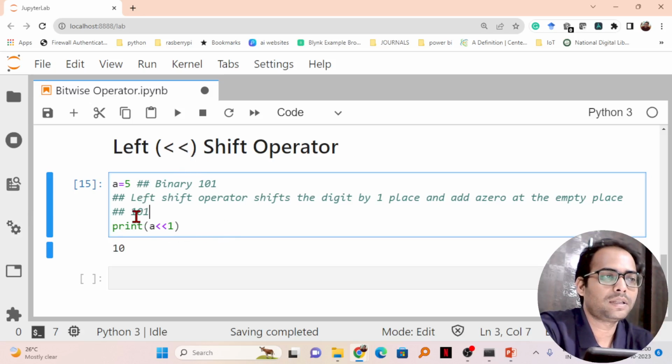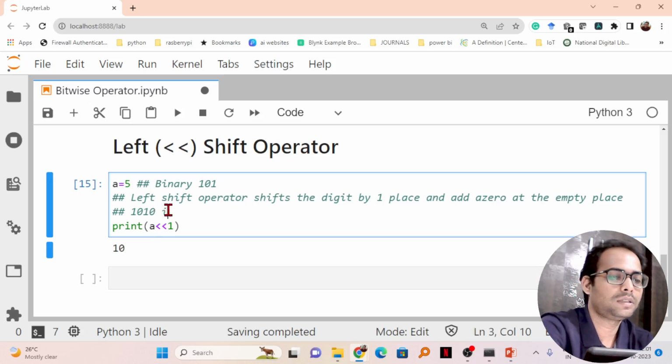If I shift, then 10 will come here. Now 101 is shifted towards the left side, and 10 is taking that place. If you see 1010, this 1010 is nothing but the result for 10 in decimal. So this result equals 10 here.